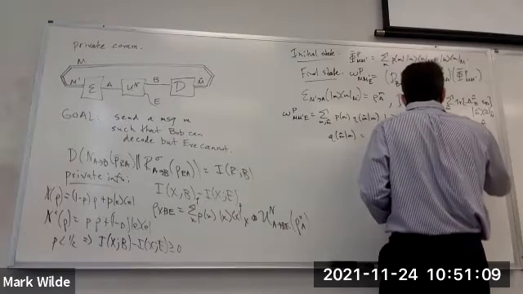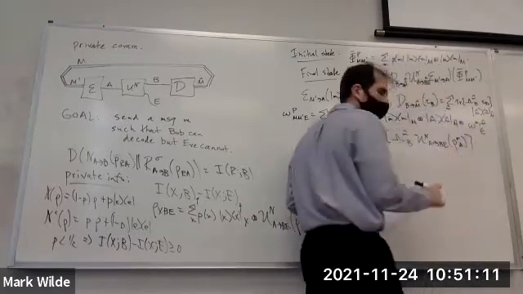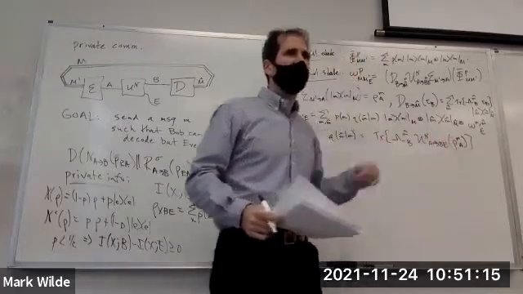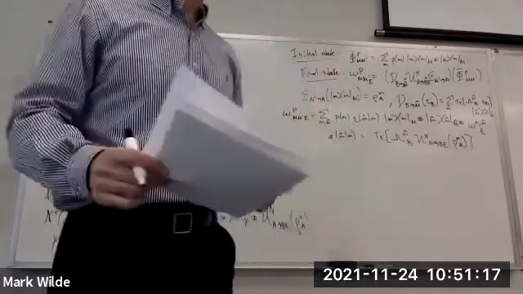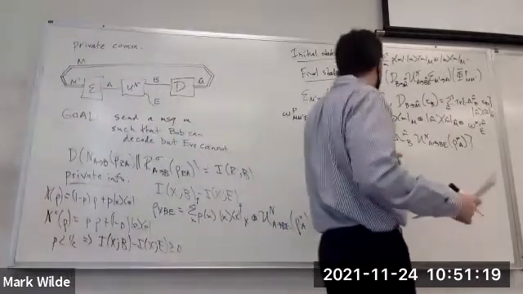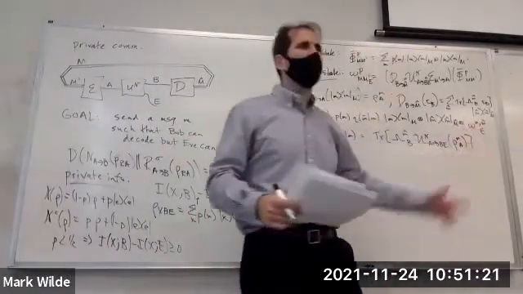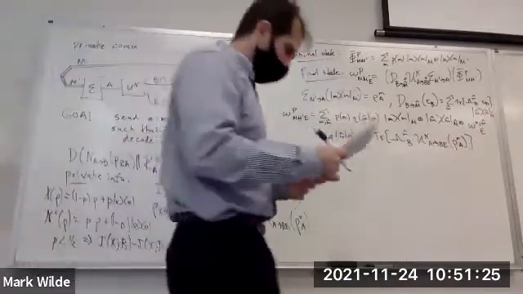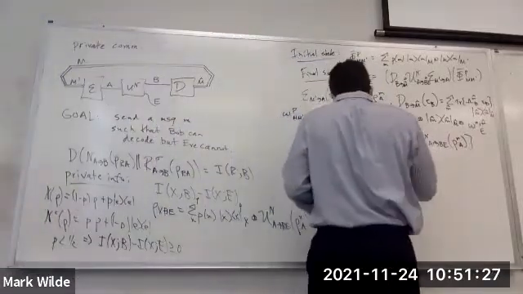Similar to before, but now I'm writing the isometric extension. It doesn't really matter because in this trace, E gets traced over anyway, and you get back to the original channel. So this is actually equal to the same expression we wrote the last time. Okay, but what are these conditional states?